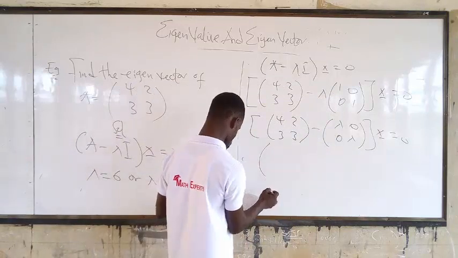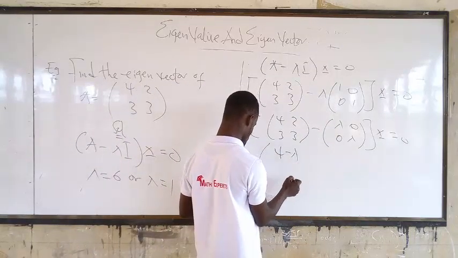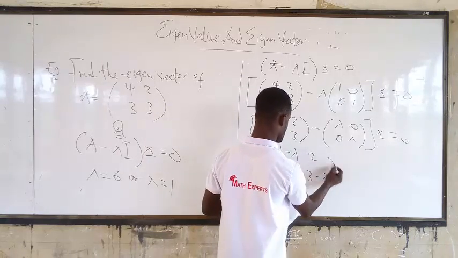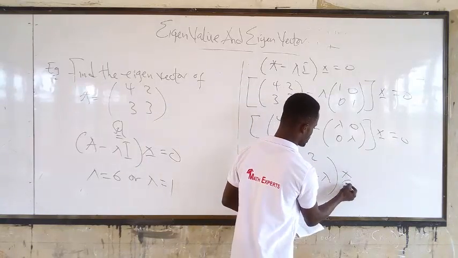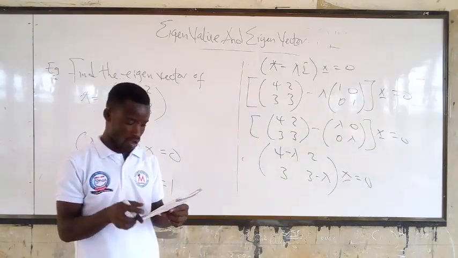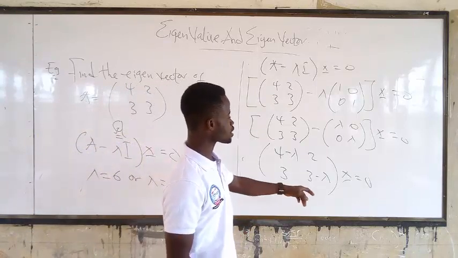So we get 4 minus lambda, 3, 2, 3 minus lambda. That's good.